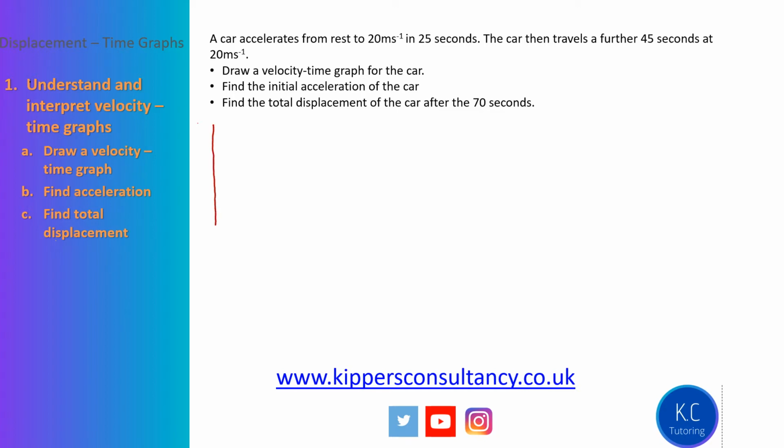So on the vertical axis, I will place velocity measured in meters per second, and then I will place time on my horizontal axis measured in seconds. Note that it says that the car accelerates from rest.